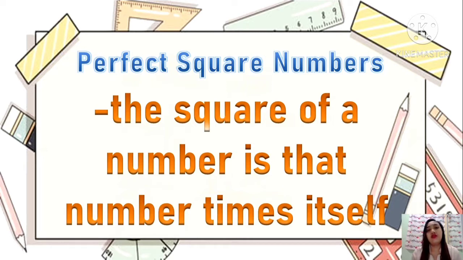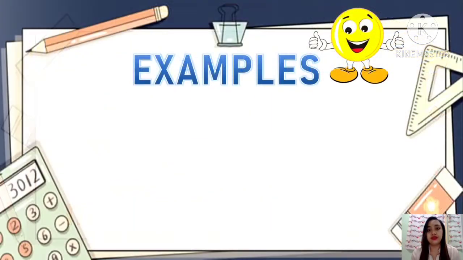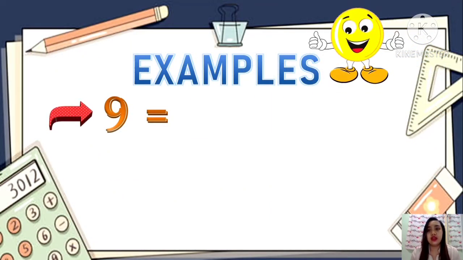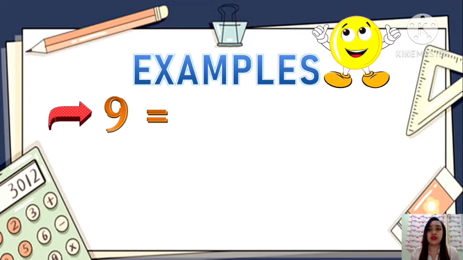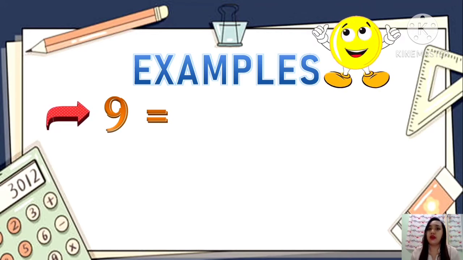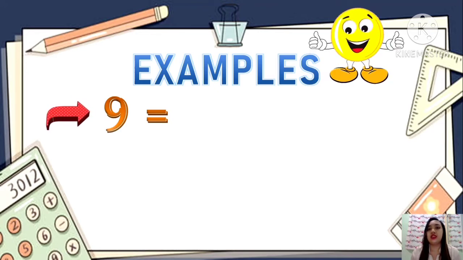Later on, I will give you more examples. So these are the examples. Let's say for example 9. Let us try to determine if 9 is a perfect square. Let's think of a factor that can be multiplied by itself. Isip tayo ng number na kapag minultiply natin sa sarili niya, makakakuha tayo ng 9.